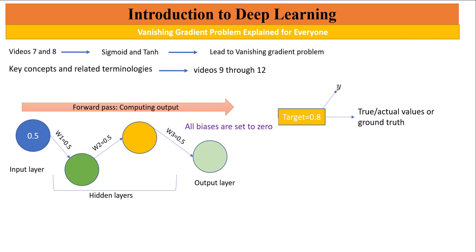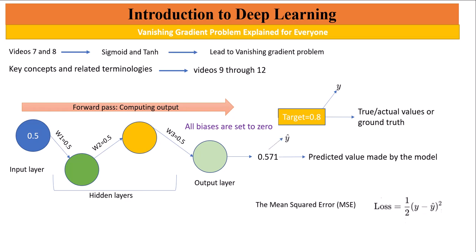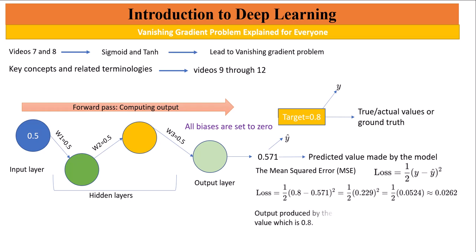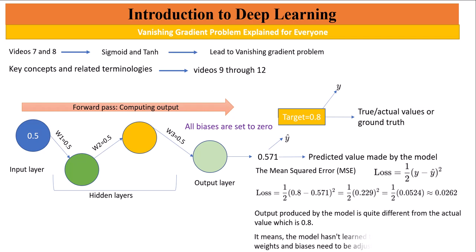After the forward pass, the network produces a predicted output of 0.571, denoted by Y hat. Using the mean squared error formula, the loss is calculated as 0.0262. This value indicates that the model's prediction differs significantly from the actual value, suggesting that the model has not yet learned the underlying pattern effectively.